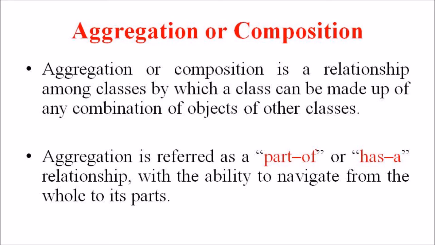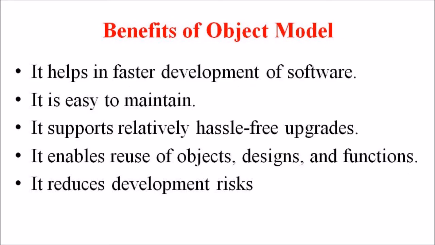When it comes to the benefits of the object model, now that we have gone through the core concepts pertaining to object orientation, it would be worthwhile to note the advantages that this model has to offer. The benefits of using object models include: it helps in faster development of software. Secondly, it is easy to maintain.